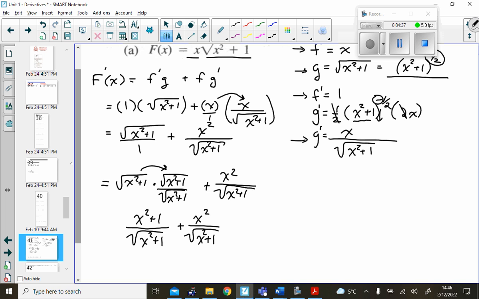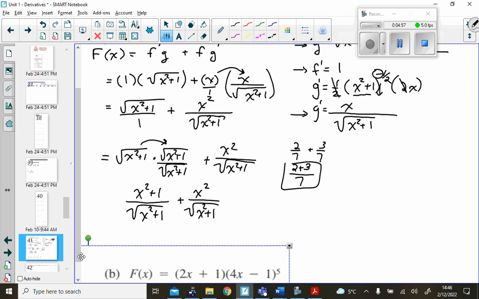To remind you, if you'd had 2 over 7 plus 3 over 7, you combine those together and write 2 plus 3, and you only write the 7 once, right? You get 5 over 7. So I'm going to follow that model and hammer these two together under the same denominator.